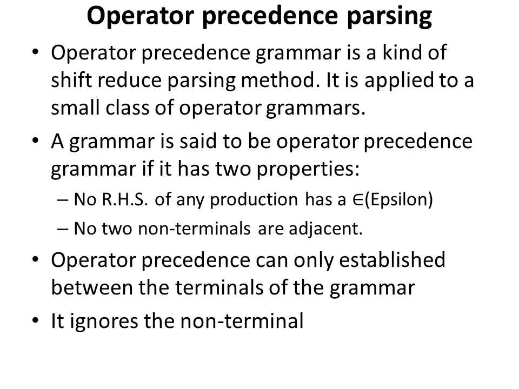Point number two, no two non-terminals are adjacent. There should not be non-terminals adjacent to each other. So these two conditions should be followed for operator precedence parsing. We will see what is non-terminal and what is epsilon in the next slides.